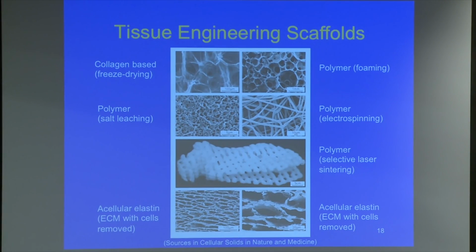Another type of cellular material in medicine is a tissue engineering scaffold, and this just shows some different examples made by different processes, and we'll talk more about these later on in the course. This one here at the top left is a collagen-based one made by a freeze-drying process.